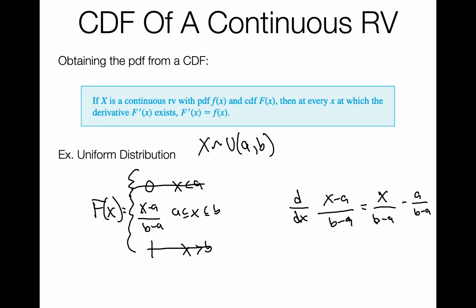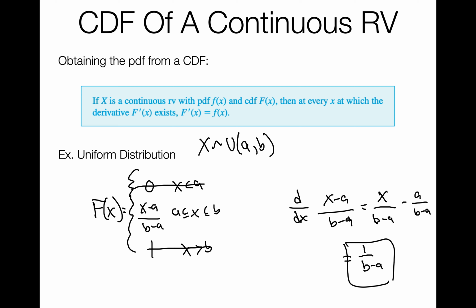The derivative of x is 1 times the constant along with x, and that constant is 1 over (b minus a). And lo and behold, that is the functional form of the PDF of the uniform distribution.